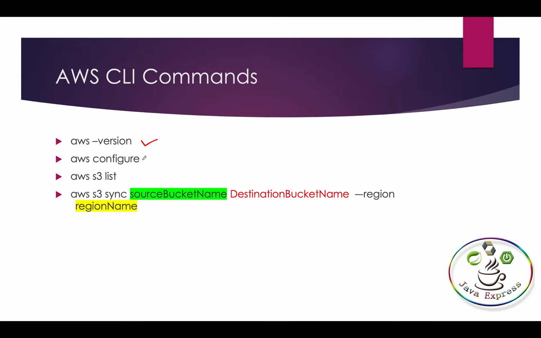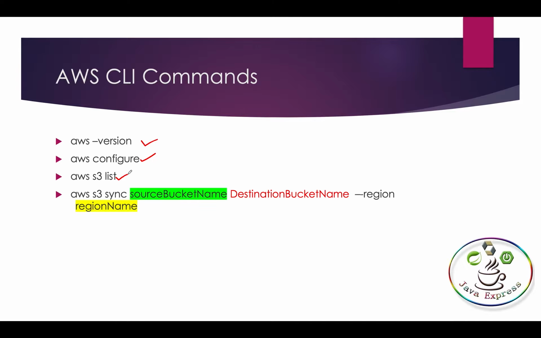While creating IAM, I already explained how to create an access ID and secret password. Now we will generate a new access token and configure using this command. Once configured, you can see what buckets are available in your AWS account using this command.